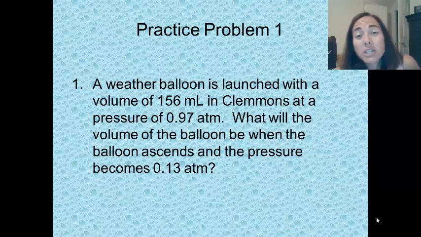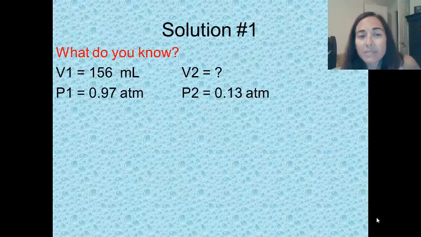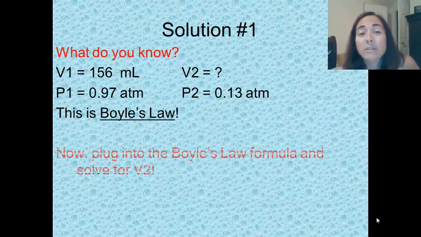So I would suggest making a list, kind of like this. I've listed my first set of conditions, the volume and the pressure in Clemens, and I listed a second set of conditions, V2 and P2, for the conditions up in the atmosphere. Now this is going to be a Boyle's law problem because all I have are pressures and volumes.